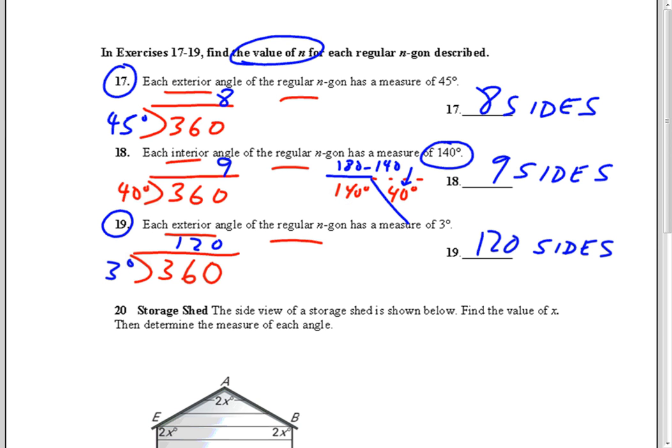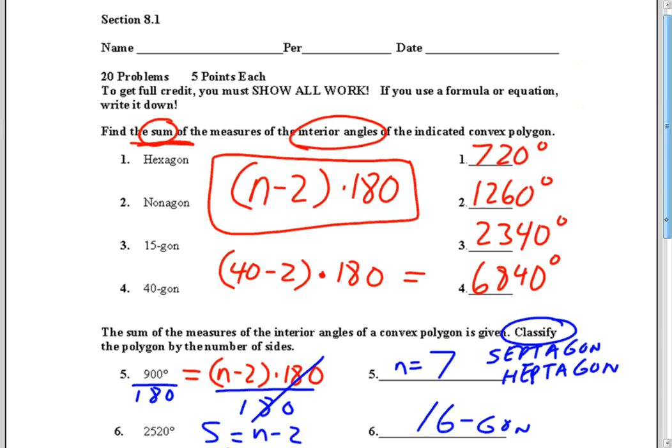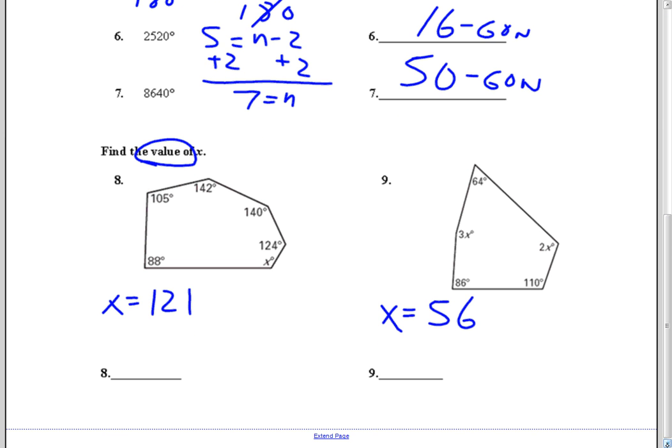Jump back to the first page for a second. Where are these numbers, inside or outside? So what formula were you using? n minus 2 times 180, correct? And then you set up an equation.